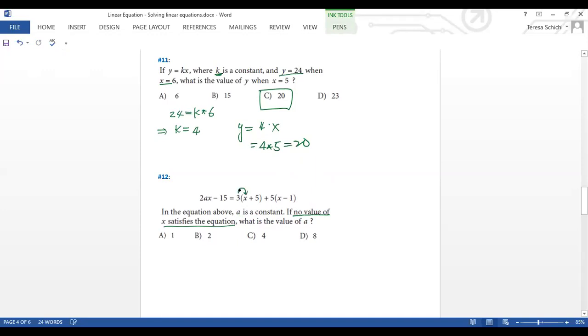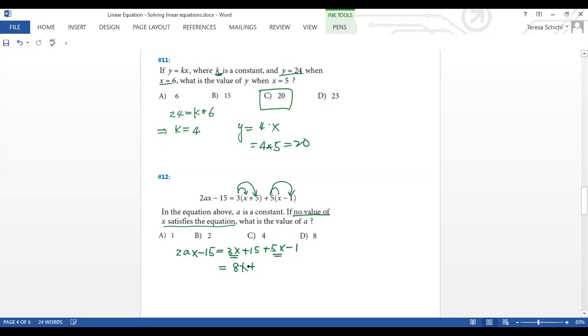So first I use the distributive property to try to solve it, right? So this is 2ax minus 15 is equal to 3x plus 15 plus 5x minus 1 here. Okay, so 3x and 5x, I can combine this as ax plus 14, right?